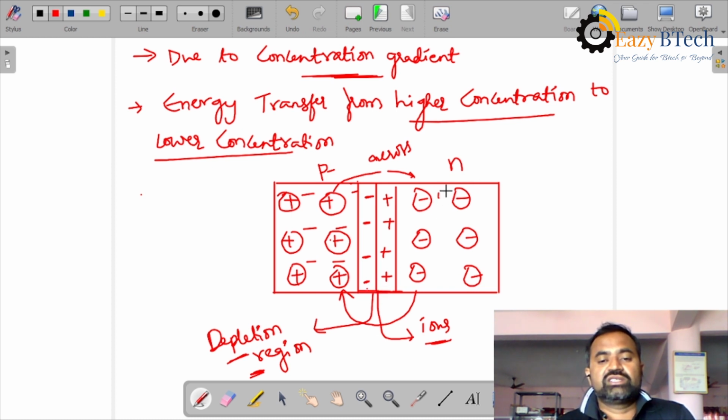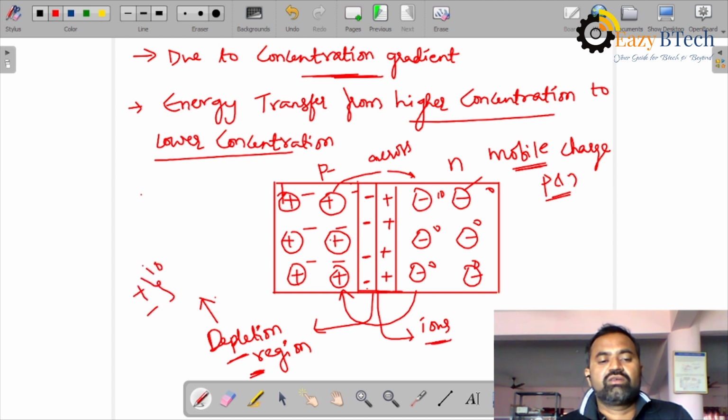Whatever charges are there on the p side and n side are known as mobile charge carriers. In the depletion region, the positive and negative ions form a barrier voltage, and they are immobile ions.